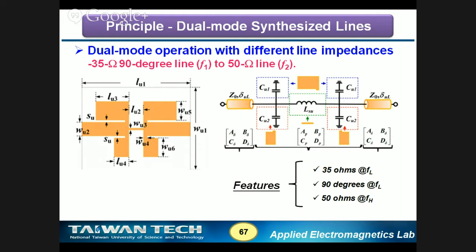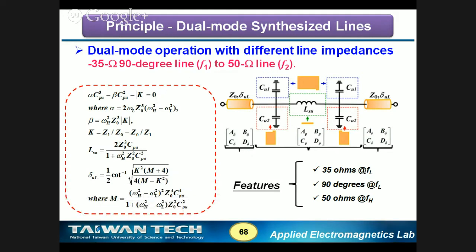Maybe it is a pi network, maybe something a little more complicated. Then you need equations, which can generally be derived using ABCD matrices. Using the ABCD matrices, you can make your lumped element network equivalent to a uniform transmission line, and derive the equations.